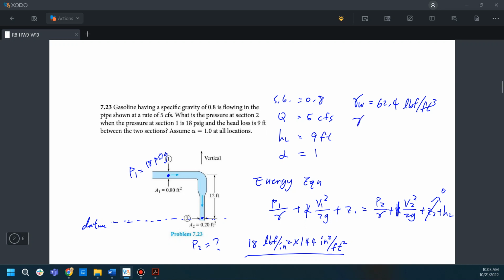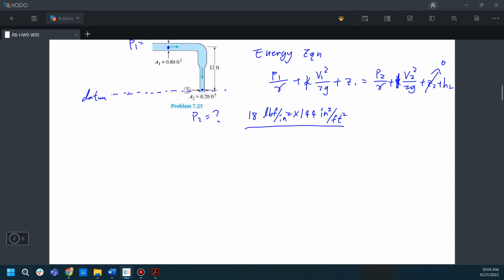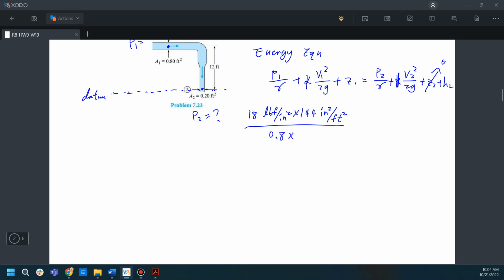So the gamma for gasoline is 62.4 times 0.8. Okay. So we have the gamma for gasoline equal to 0.8 times 62.4 pound-force divided by cubic feet.